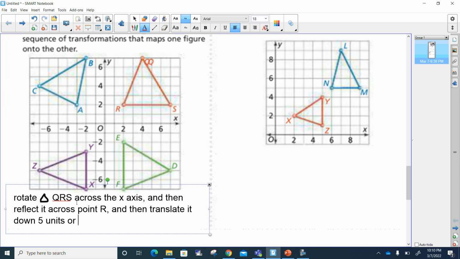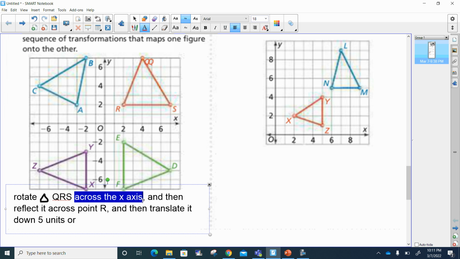Well, actually, if we reflected this here, and then actually, we should have rotated it. Yeah, we rotated it, QRS across the x-axis. Actually, that should have been rotated.